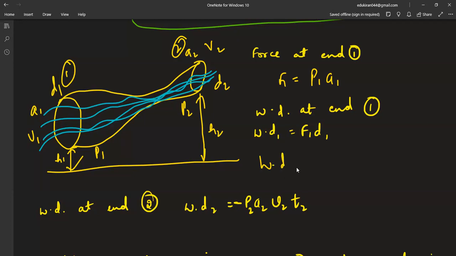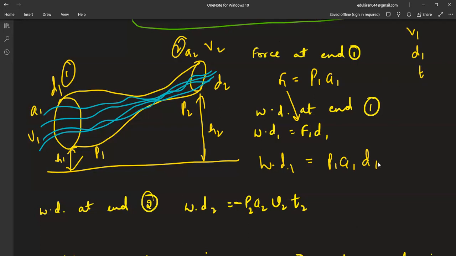So what is work done 1? Put the value of force from this equation, so this will be P1, A1, D1. Fine. Now distance. If velocity is V1, distance is D1, let's say time is T. Time will be the same. There is no time difference. So how can we relate them?